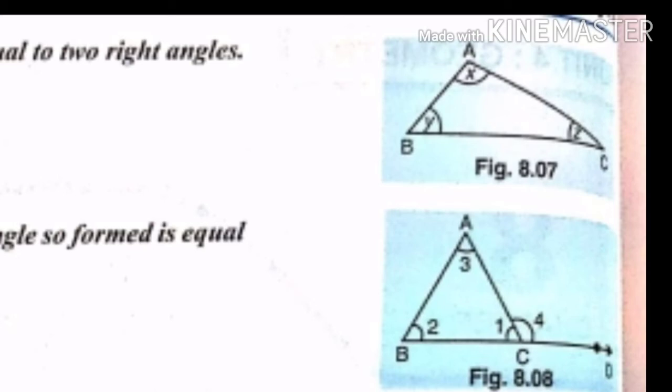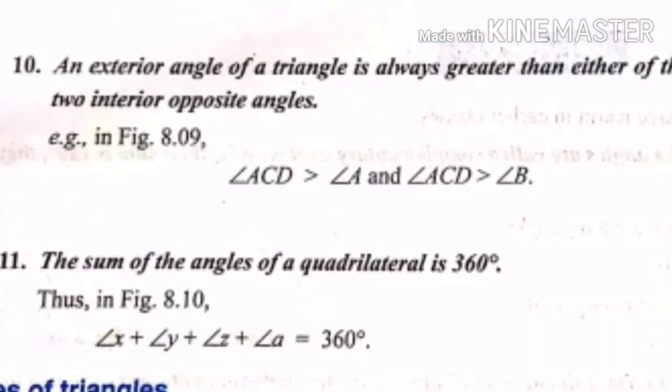So here angle 4 is equal to angle 2 plus angle 3, and angle 4 is always greater than angle 2 and angle 3, which you have to remember. So here angle ACD is greater than angle A, and angle ACD is also greater than angle B. Angle ACD is our exterior angle, and angle A and B are the interior opposite angles.